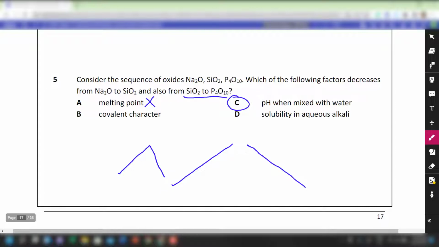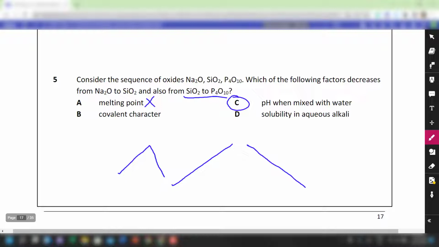So I expect sodium oxide to be completely soluble. For SiO2, because the aqueous alkali is just a simple solution without strong heating and it's not concentrated, I do not expect silicon oxide to dissolve.